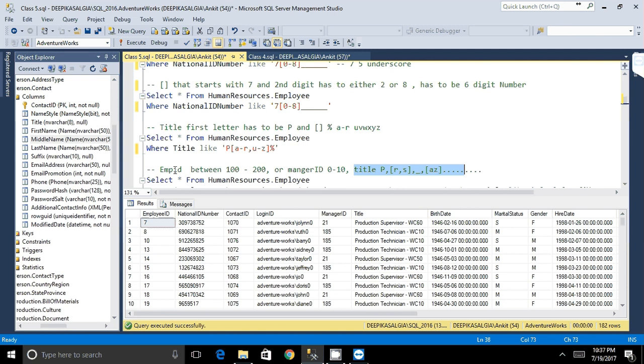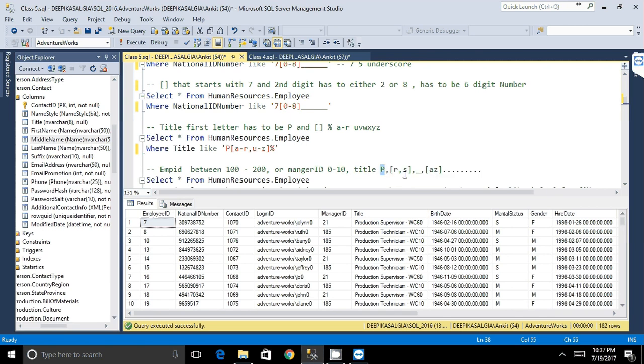It's between 100 to 200, or manager ID could be between 0 to 10, but the title has to follow this thing. No matter what employee you pick, their title has to follow this condition.